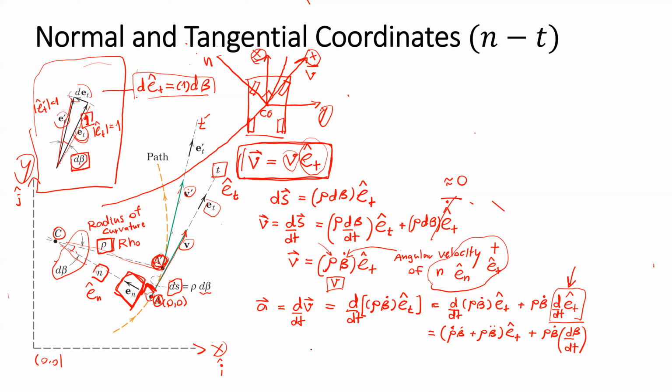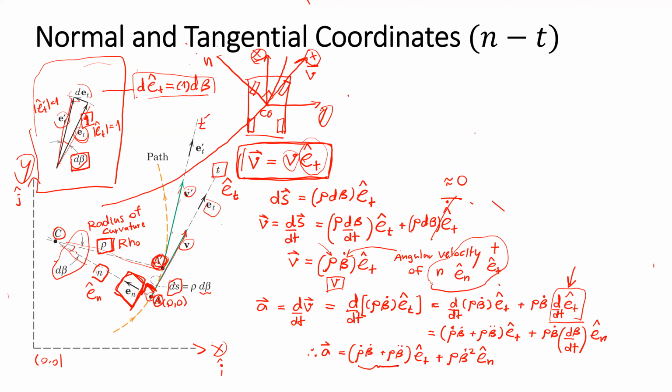So if we write the acceleration, it is equal to rho dot beta dot plus rho beta double dot in the tangent direction, plus rho beta dot square in the normal direction.